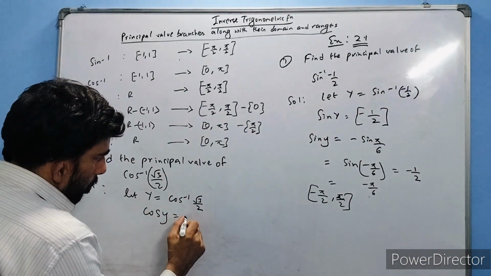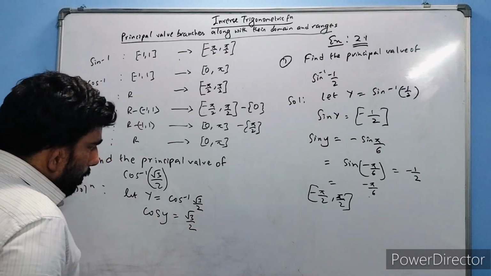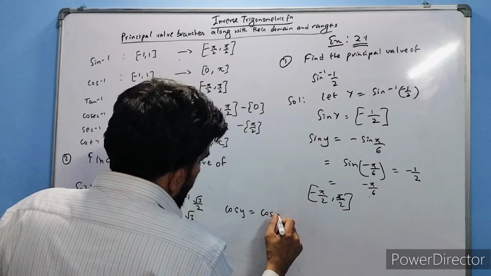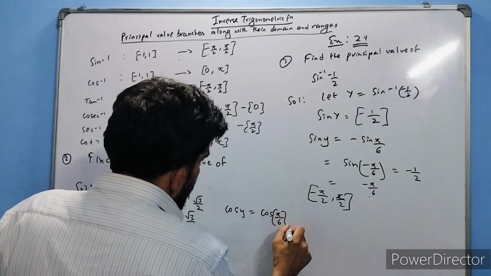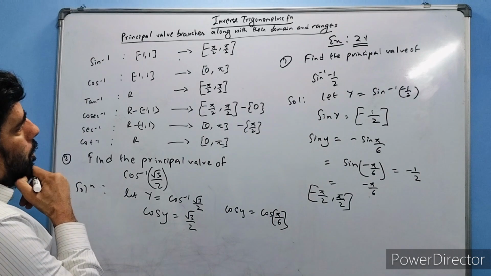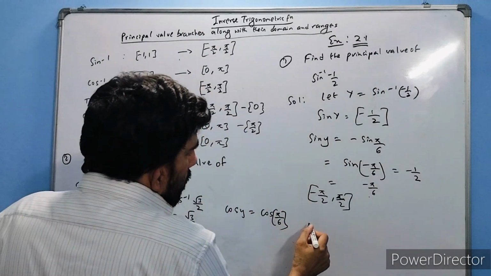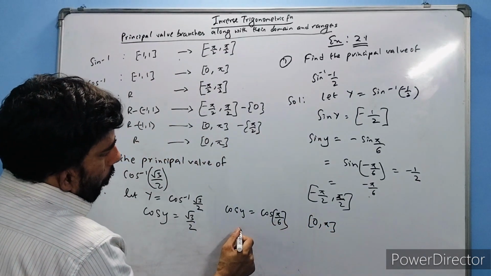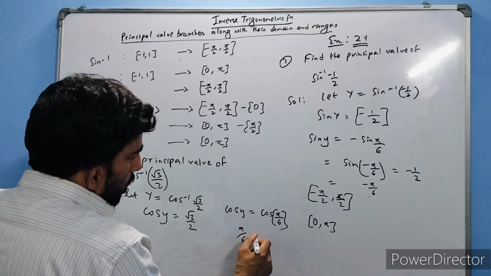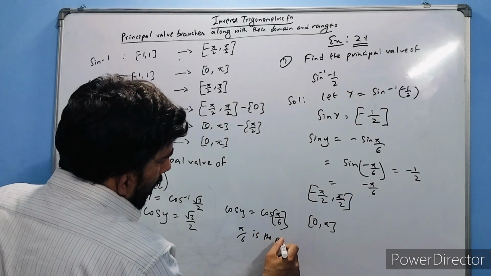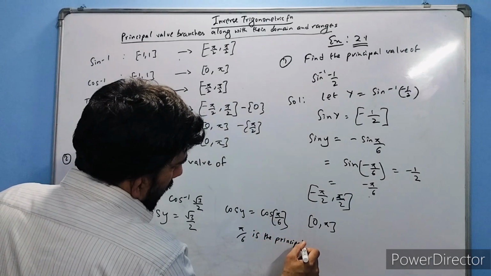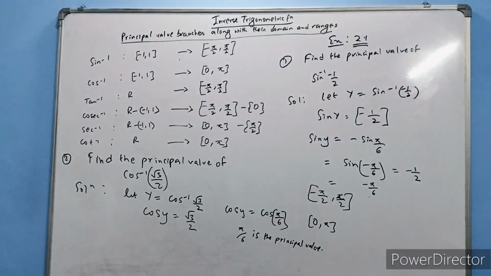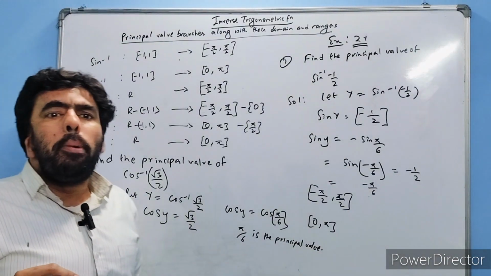Then cos y is equal to root 3 upon 2, or we can say cos y is equal to cos pi by 6. We all know that the range of cos inverse is 0 to pi. So its principal value will be pi upon 6. That is how we can easily find the principal value of the given inverse trigonometric function.